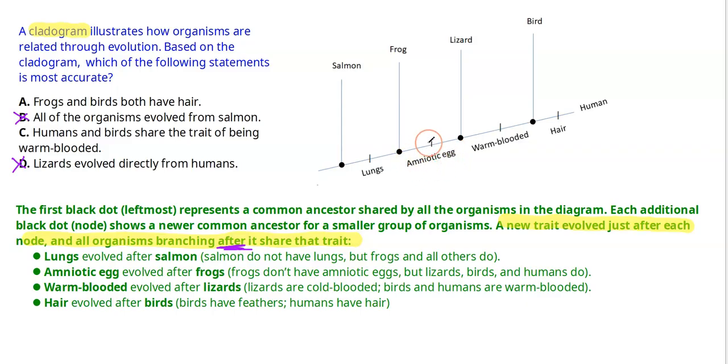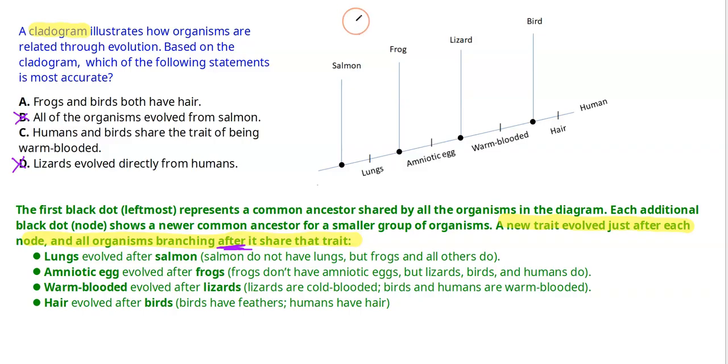So everything that branches after this has an amniotic egg. The lizard has an amniotic egg, the bird has an amniotic egg, and so does the human, because they all come after this trait, right?